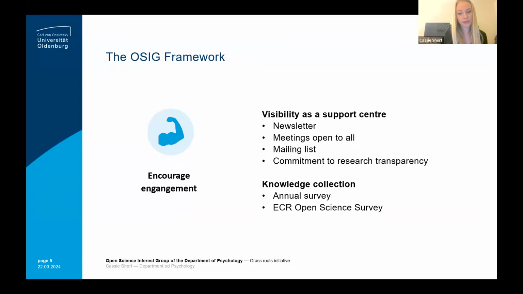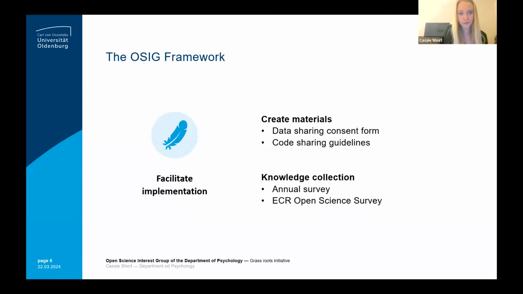And we're also hosting an early career researcher open science survey at the moment, an international survey where we want to, on a broader scale, collect the experiences, the fears, the barriers that people are feeling to engaging with open science practices, so that we can disseminate this information, but also use this to inform our own work and hopefully be a little bit more impactful.